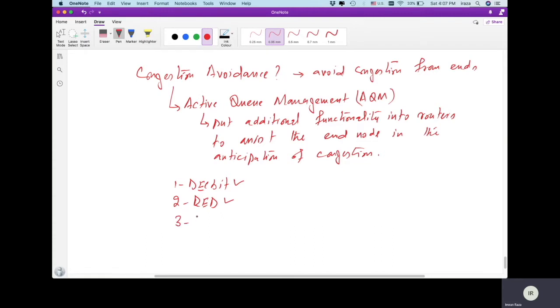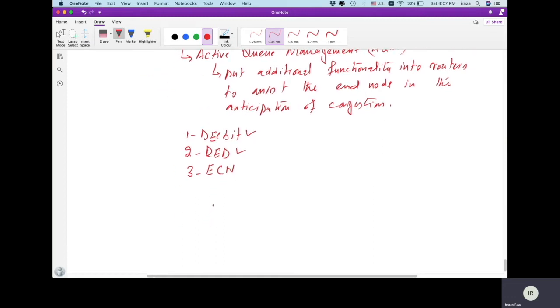And then there's another active queue management mechanism known as explicit congestion notification. So rather than putting the responsibility of congestion control and avoidance at the end machines, why not have the router also assist the end machines in the anticipation of congestion? So let's talk first about the DECbit.